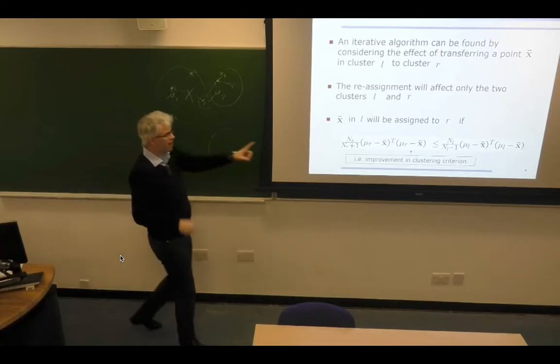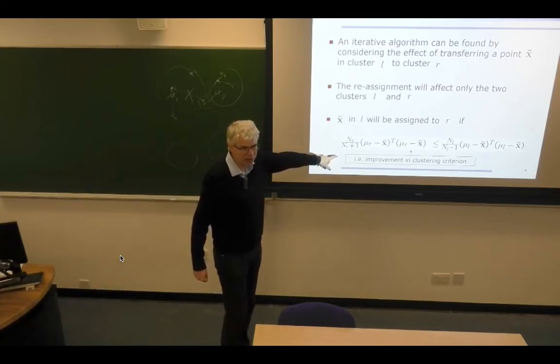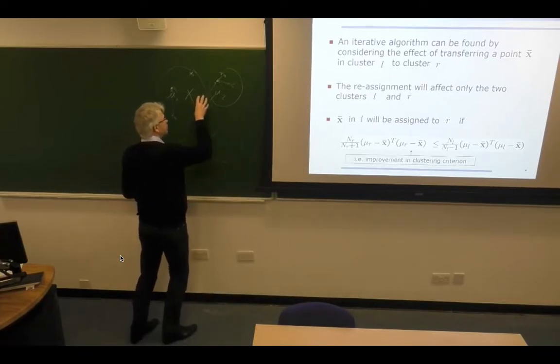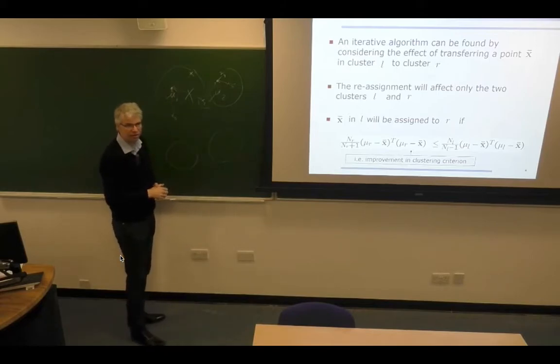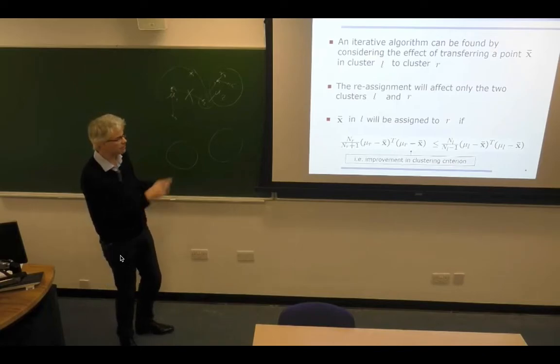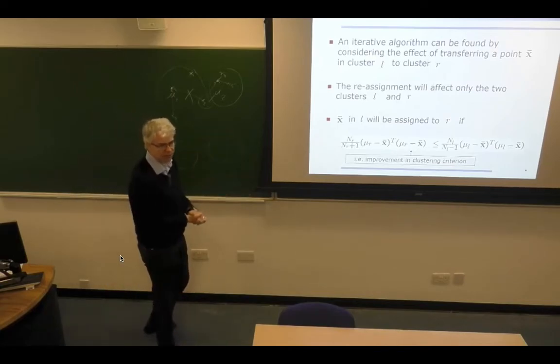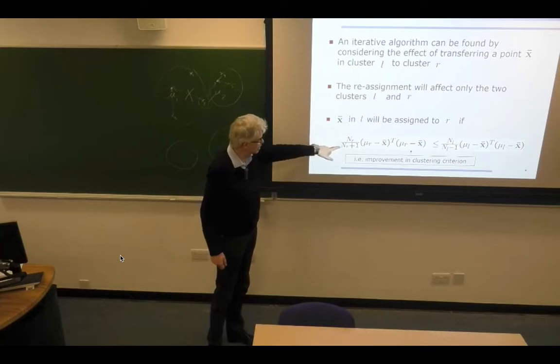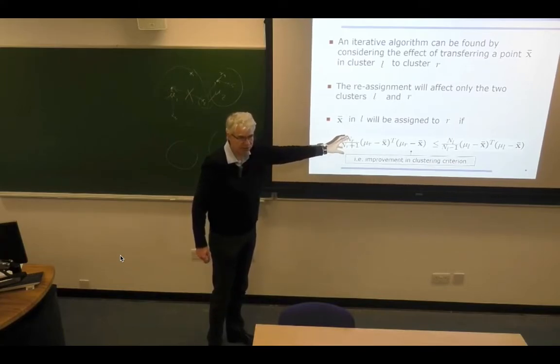But the effect is slightly more complicated than you might think, because when we move the point into another cluster, the mean also changes. So we have to update the mean, then we have to update all the data points. And we end up with this slightly awkward looking criterion that's got an NR over NR plus 1 because the fact that we've moved the data points means that the means have moved inside here.